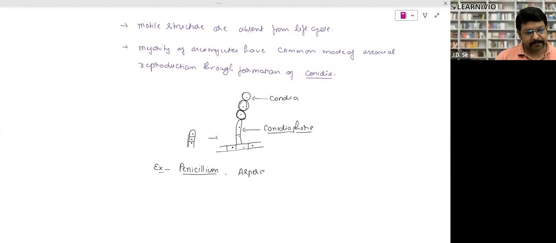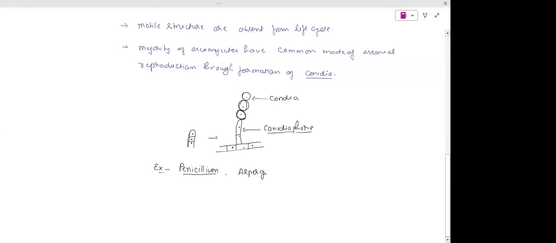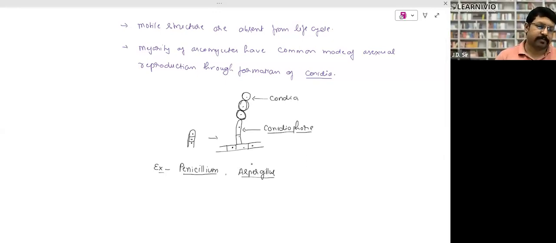Medicine, very good. Penicillin is an antibiotic medicine extracted from this fungus. Penicillin is the first antibiotic discovered. Antibiotics are those chemicals which kill bacteria. Clear? Yes, sir.